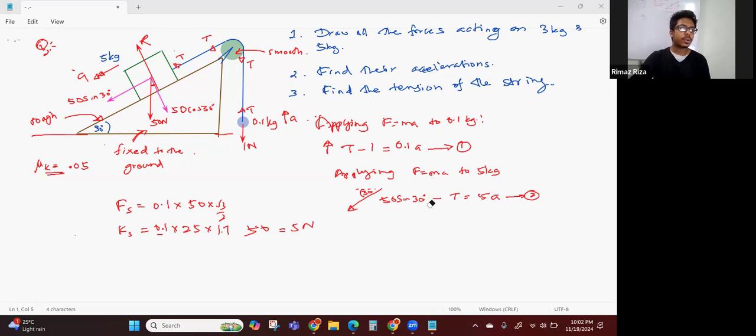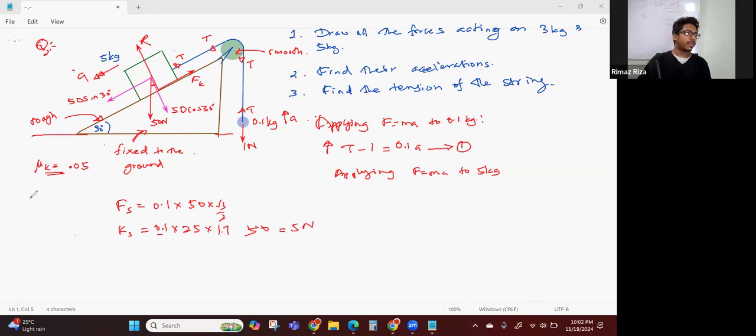Sorry, here we have to include the friction. First you have to identify the direction of the friction. Since the object is now moving down the plane, the friction acts in this direction. So here is the friction, Fk, because it is kinetic friction.